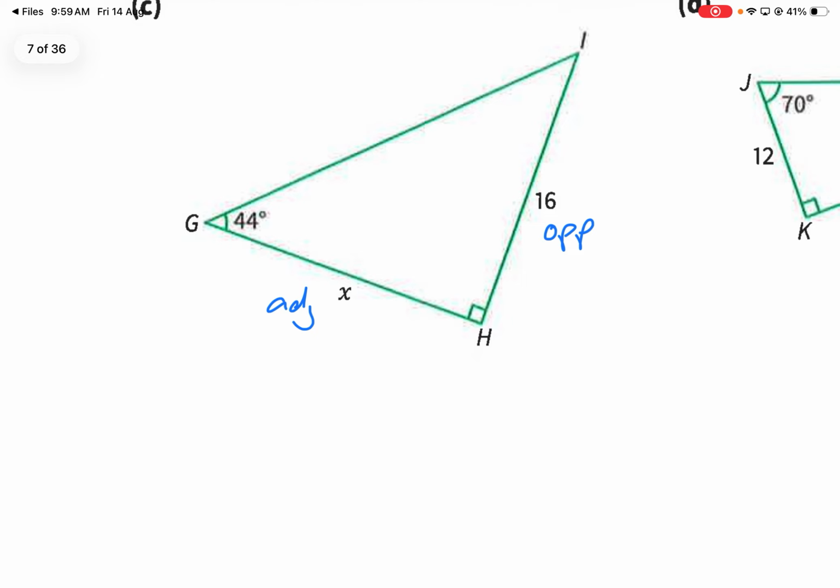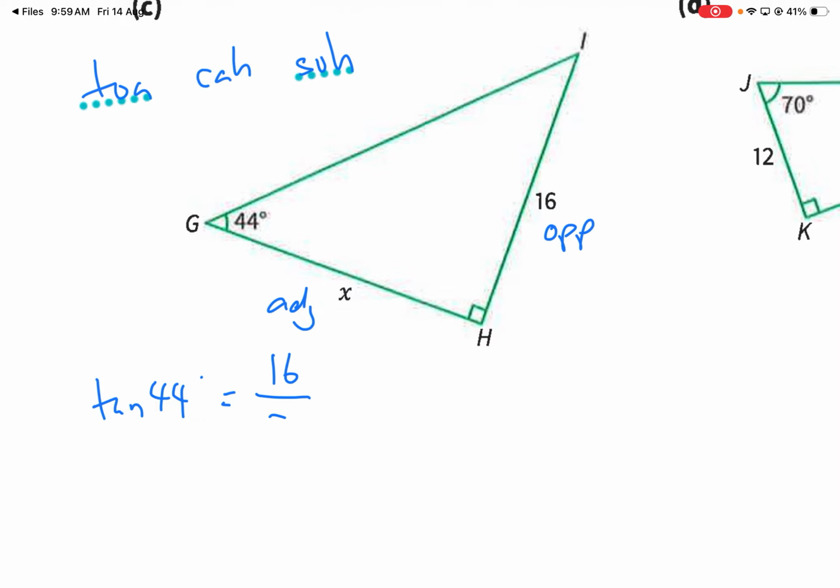Yes, very good. TOA, so use my tangent. Then I put in tangent 44 equals to opposite over adjacent, 16 over x. Again, form this equation, job halfway done.